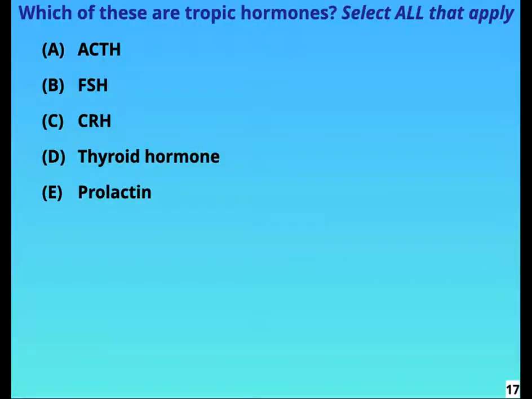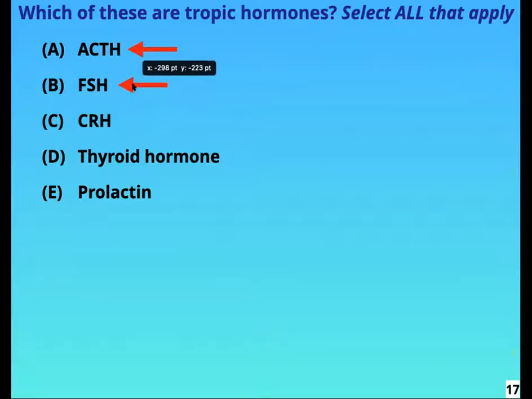Here's another question for you. Which of the following are tropic hormones? Select all that apply. So take a moment to pause the video so you can think through this. Are you ready? So ACTH, it is a tropic hormone because it causes the secretion of corticosteroids.